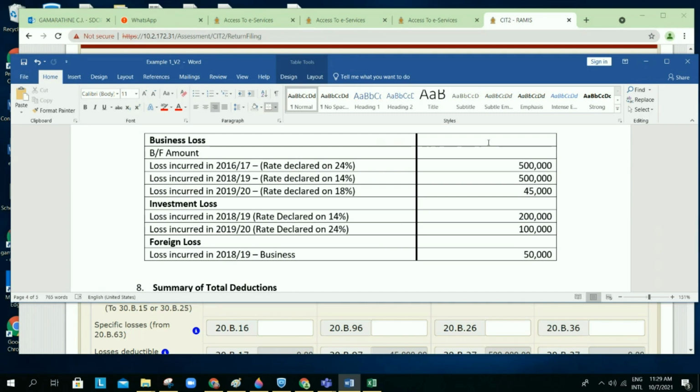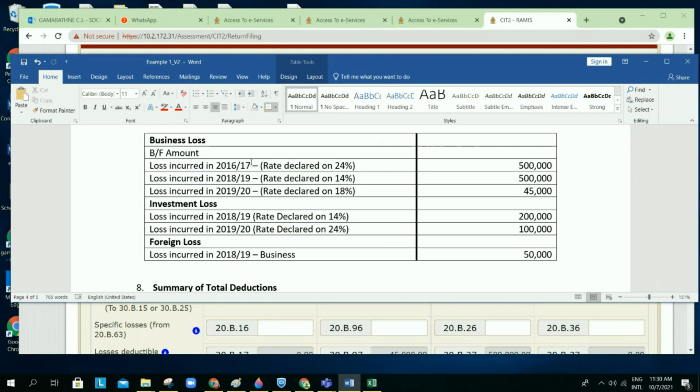Then I need to discuss the 16-17 losses. These losses were incurred in 2016-17, and there is an undeducted balance amount carried forward from 19-20. Now we are in 2021.